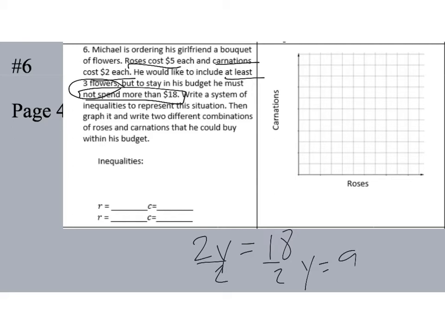So I'm going to go over here. Up 1, 2, 3, 4, 5, 6, 7, 8, 9, and put a point somewhere around there.